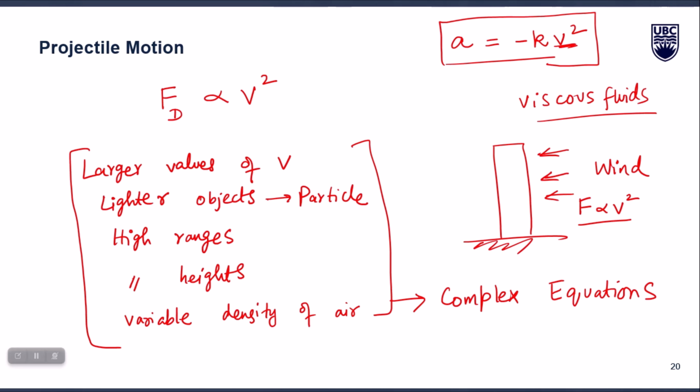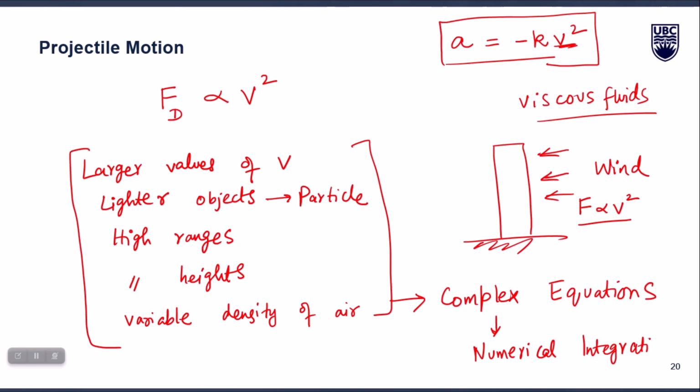For example, if I give you some a sub x, some a sub y, which is very complex, then it may not be simply integrated to determine the velocity x component and velocity y component. So in those cases, you may need to invoke numerical integration methods.